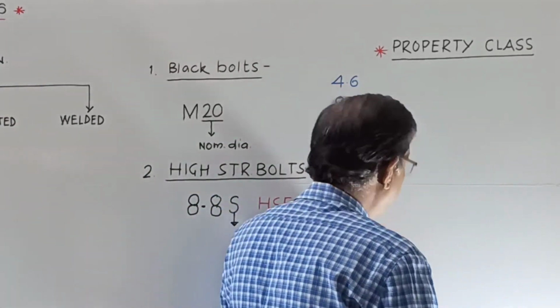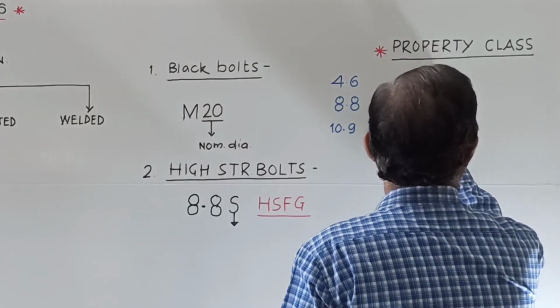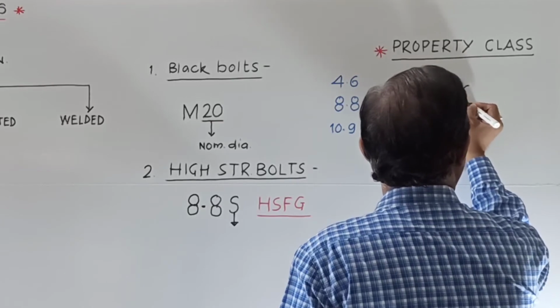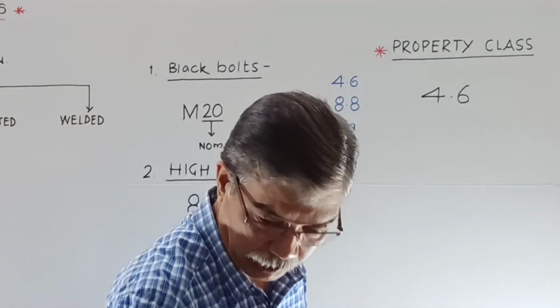Now if I say that the property class of the bolt is 4.6, what does it mean? Let us see now.